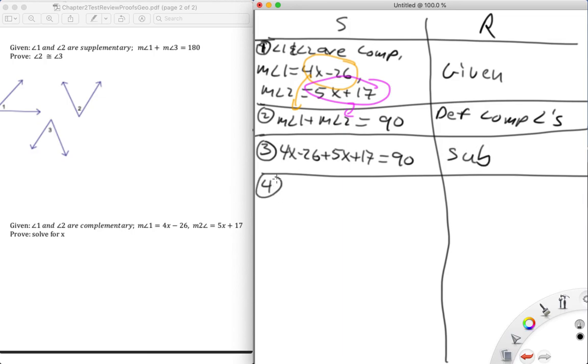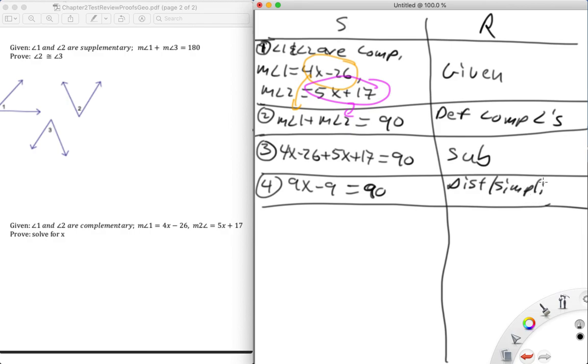Then I can combine like terms, and I can say that 9x minus 9 equals 90. You say distributive property, or I can say simplify, or I can say combine like terms. They all mean the same thing to me.